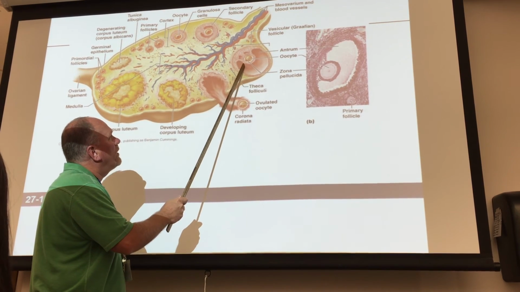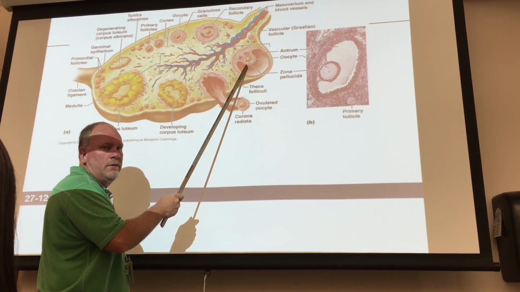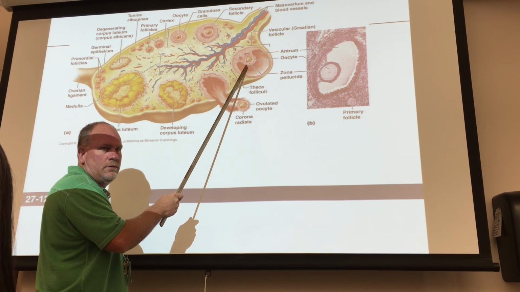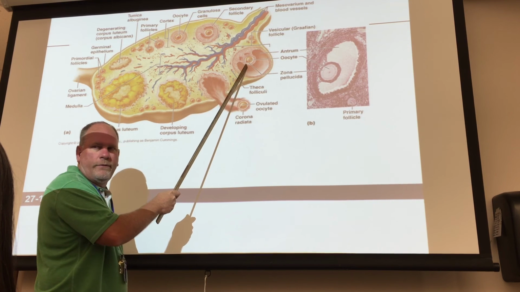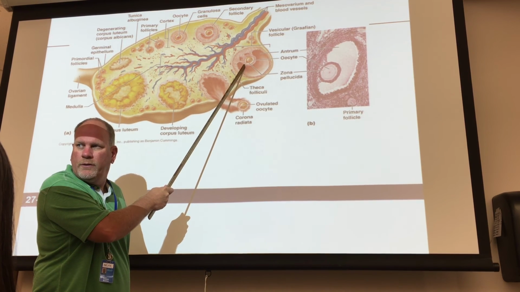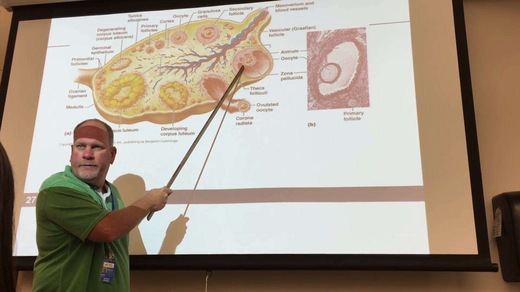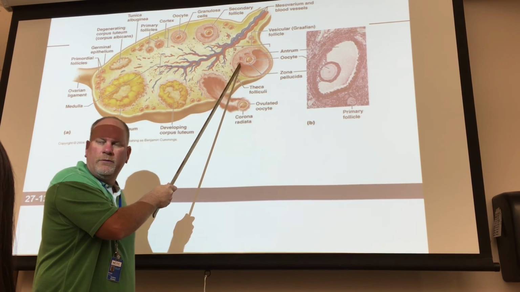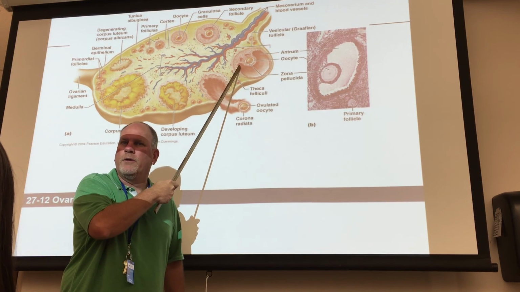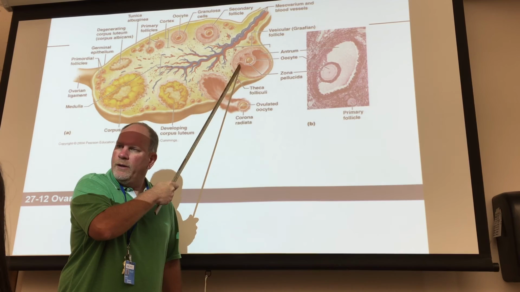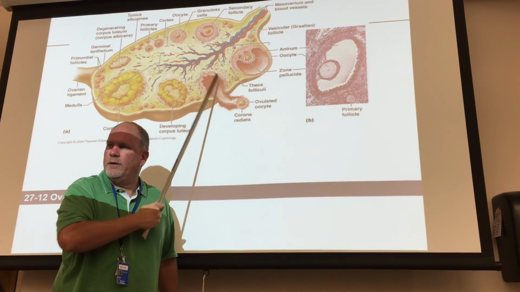About what day of the cycle are you here? 12-ish? Nothing perfect. I'll take 11, I'll take 13, I'll take 12. What hormone would you expect to see rising at an astronomical rate? LH, because it causes ovulation.